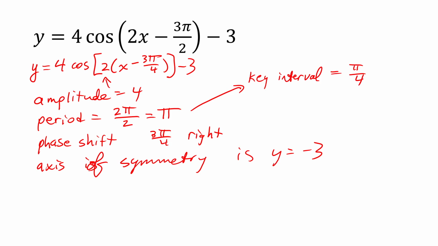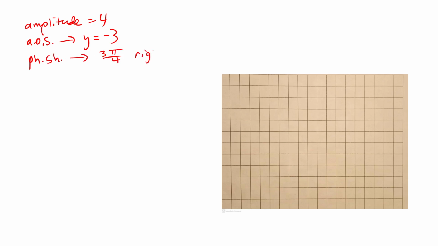Okay, so going to the next slide here, we've got an amplitude of 4. We've got an axis of symmetry at y equals -3. We've got a phase shift of 3 pi over 4 units to the right, and we've got a period equal to pi.